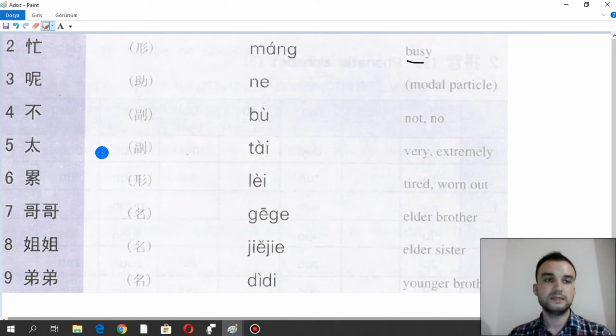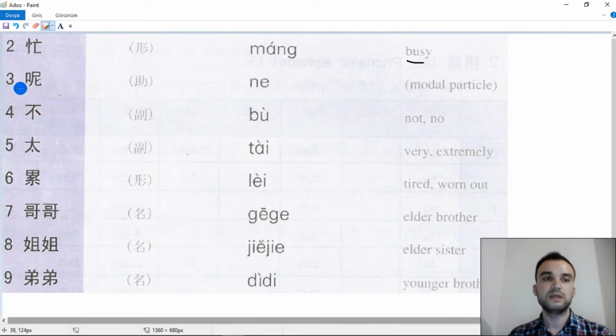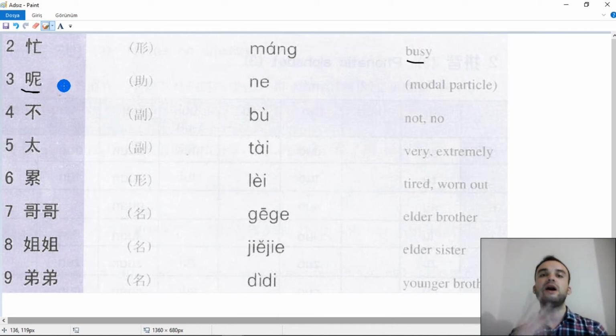And we'll paste another page. Ne. Do you remember how we can use ne? If you want to ask the same question, for example, we have a basic simple dialogue. I am asking you 你好, you say 你好. I am asking 你好吗? And you say 很好. If you want to say 你好吗 again, you don't have to say that.